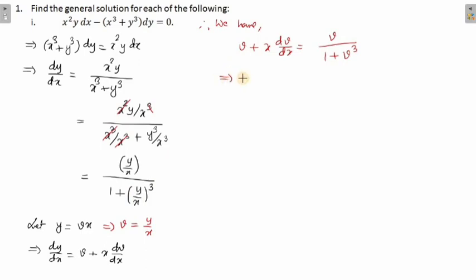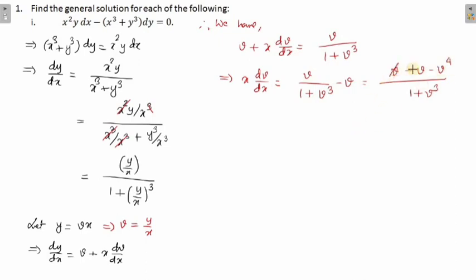So we get, I'm sorry, not v, x dv by dx is equal to v by 1 plus v cube minus v. Okay, now let's simplify this. In the denominator we have 1 plus v cube, and in the numerator we have v minus v into this quantity, which becomes v minus v to the power 4.